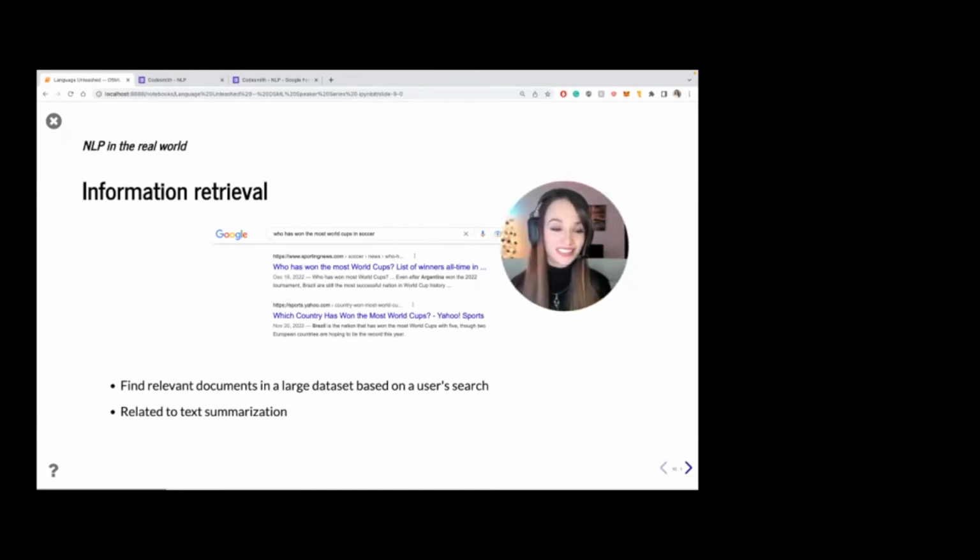But the second task that they do is show you relevant information, because it would be basically worthless if they were aware of everything available on the web but wouldn't be able to show you relevant results. So with information retrieval, search engines like Google are able to find relevant documents in a large data set based on a user's search. And this is, of course, closely related to text summarization, because you want to know what a given document is talking about.